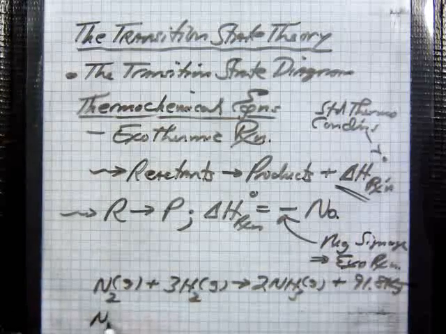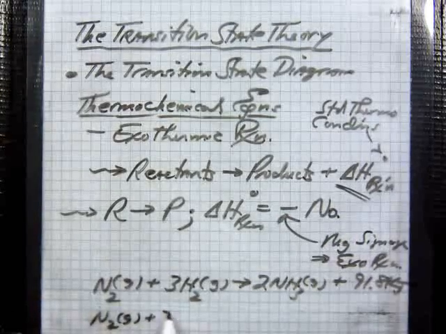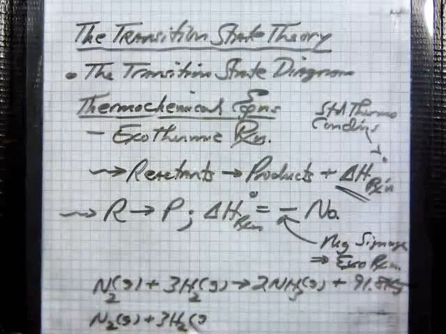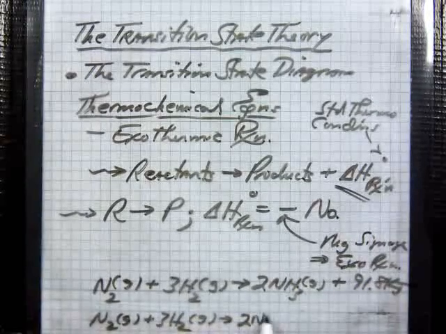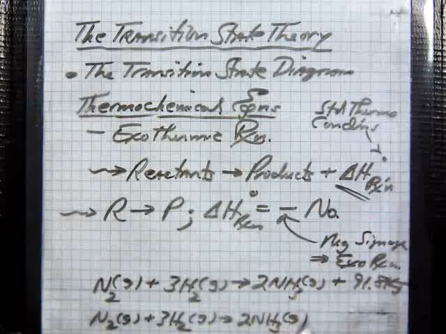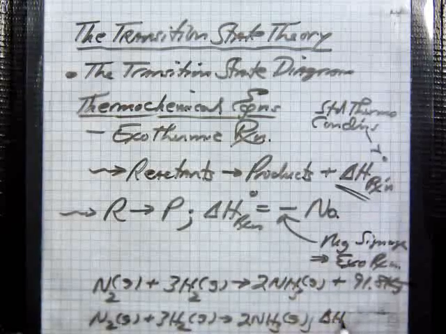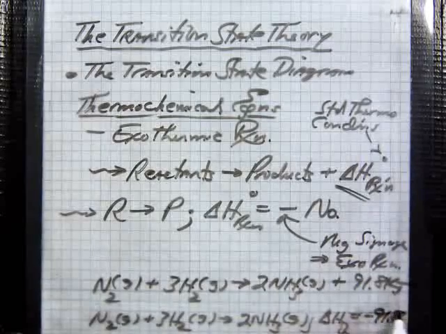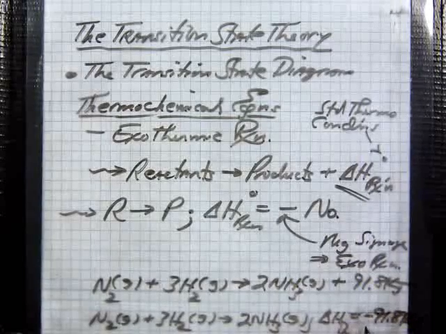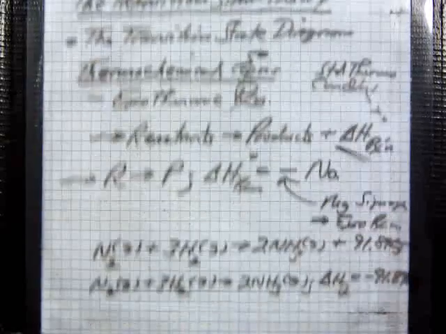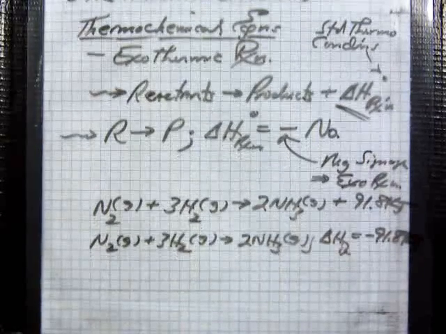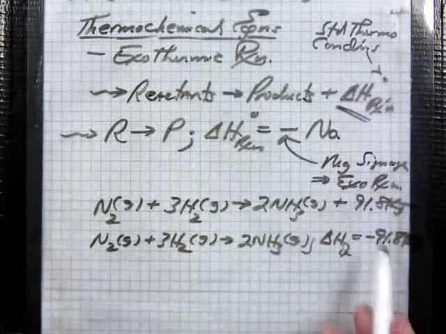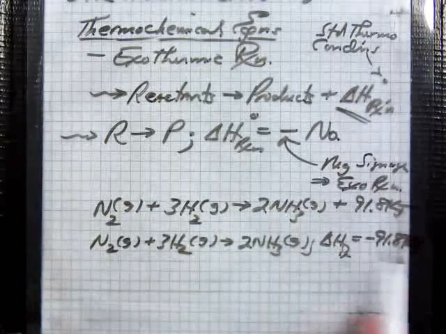Or you can write N2 plus 3H2 gas goes to 2NH3 gas, semicolon, delta H reaction is equal to a minus 91.8 kilojoules. So you put that negative into the expression, and that also indicates an exothermic reaction.